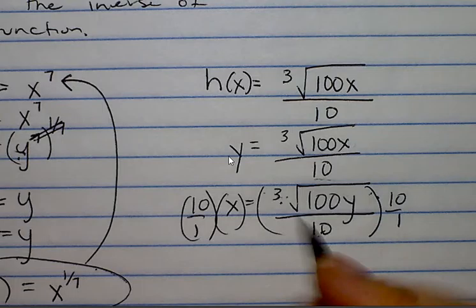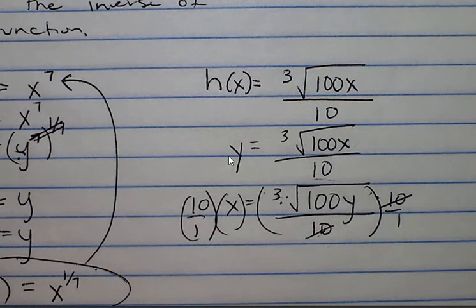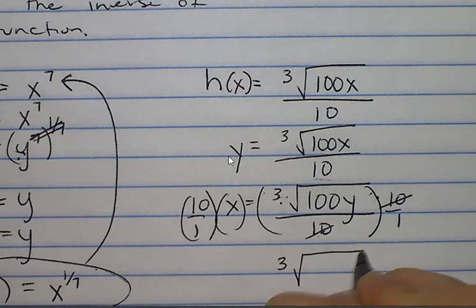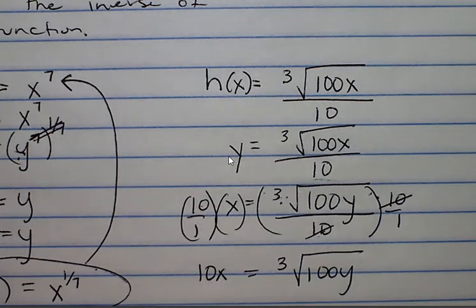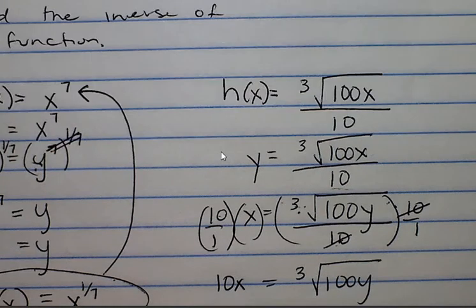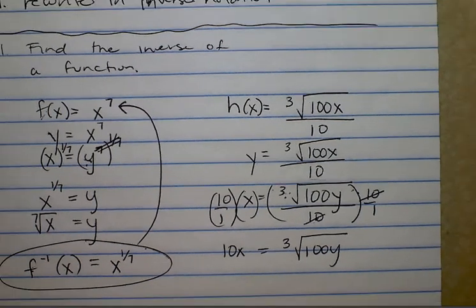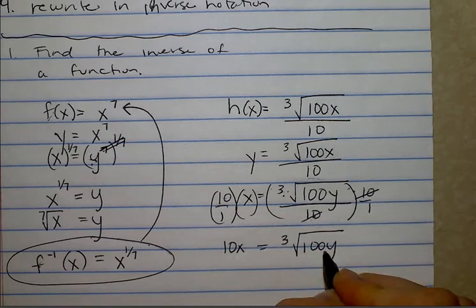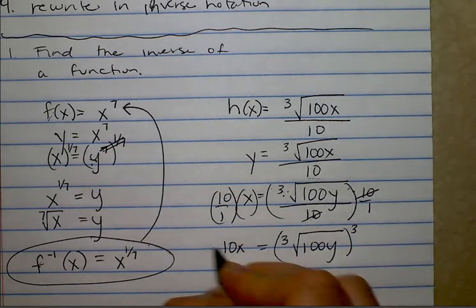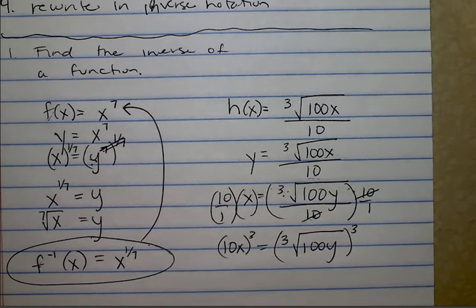The 10s cancel out, becoming 1s, and you have the cube root of 100y is equal to 10x. And you could write 10x/1, that would be fine too. Okay, to continue to get rid of the cube root and the 100, we're going to raise this to an exponent of 3.